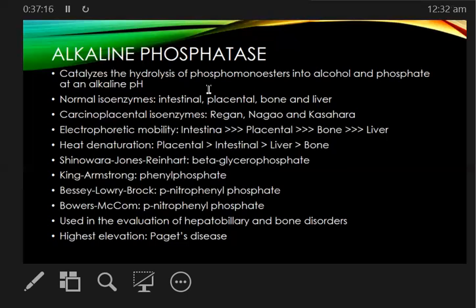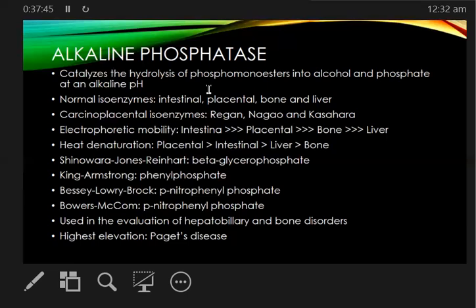We have your liver, your bone, your placental, and then your intestinal. This is from your cathode towards your anode. So that means the fastest is your liver, and the slowest is your intestinal.